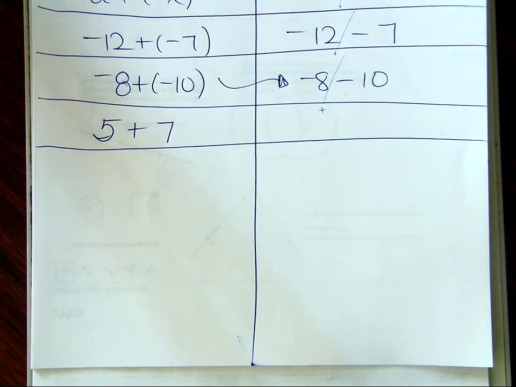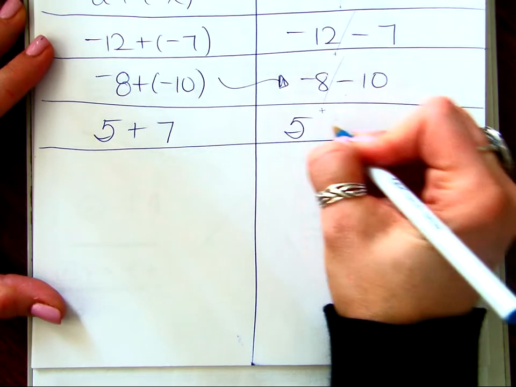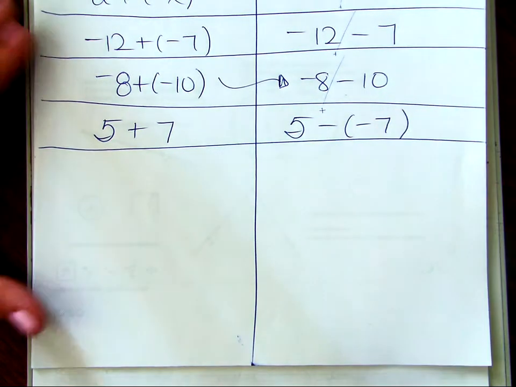If I'm adding 7, that's the same as what? So Keegan, what do you think? This thing is subtracting negative. Yes. This is the same as subtracting a negative 7.